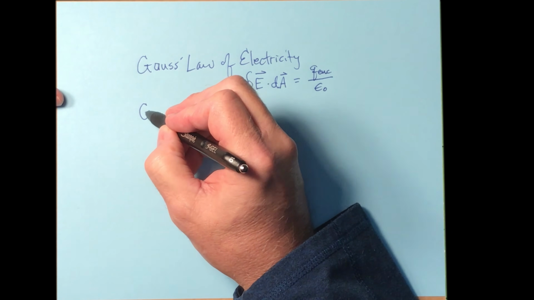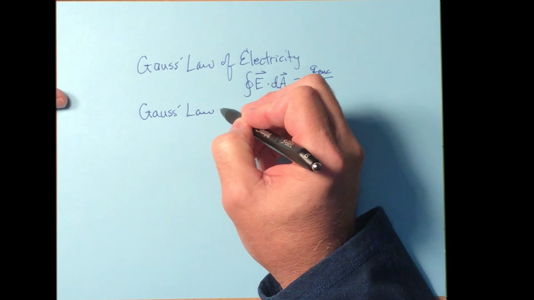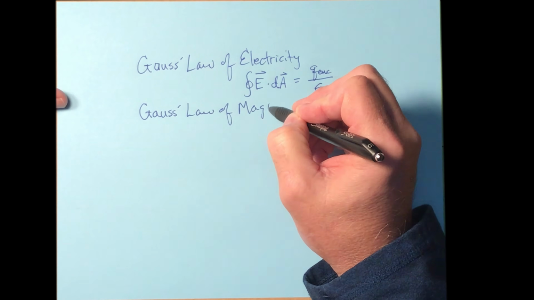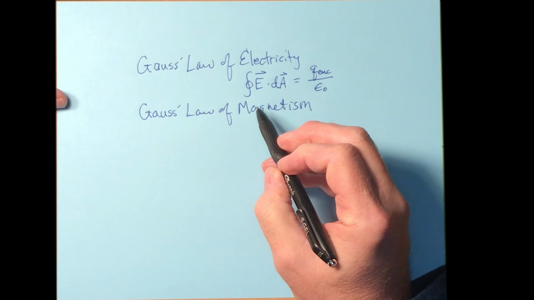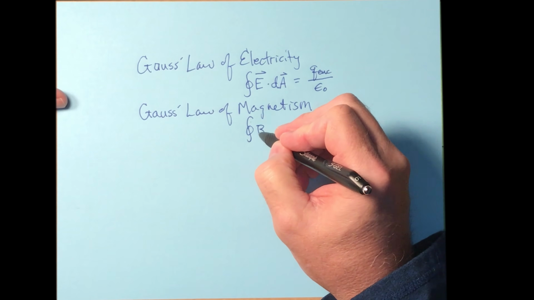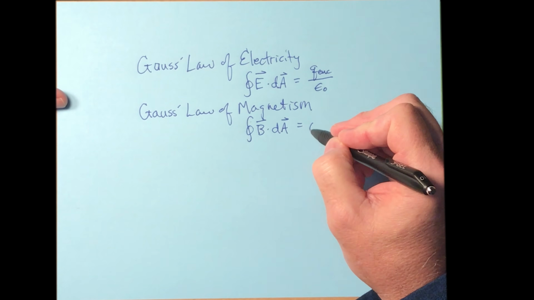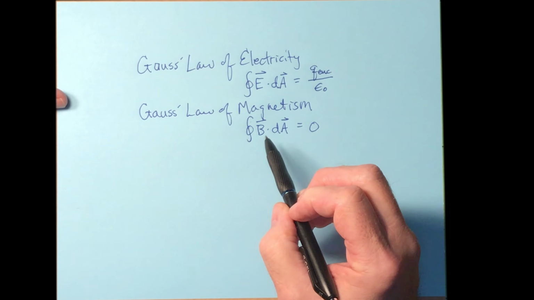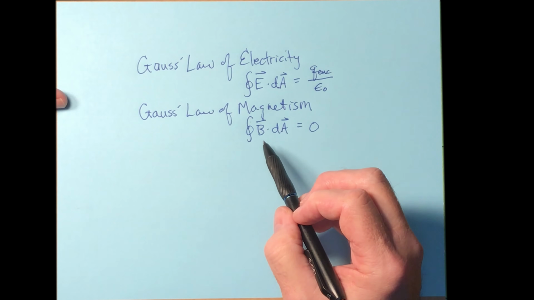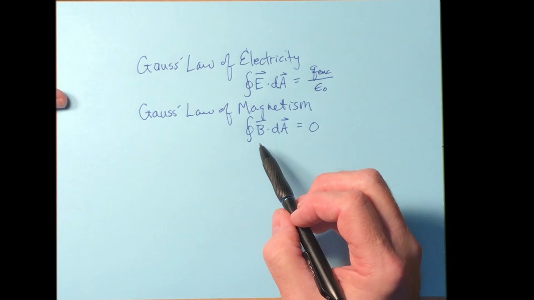And there is also, though, Gauss's law of magnetism. Gauss's law of magnetism we talked about briefly, and that one is B dot dA is equal to 0. There is a third law that we're going to talk about, but technically speaking, this law is not Maxwell's equations.